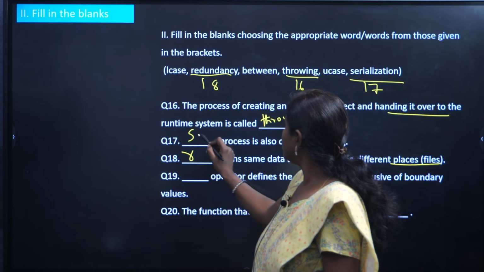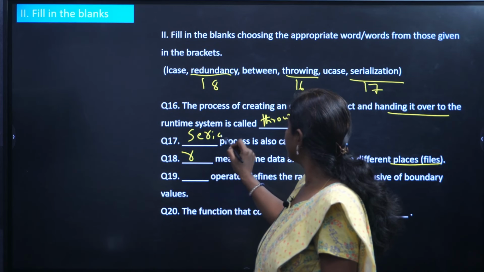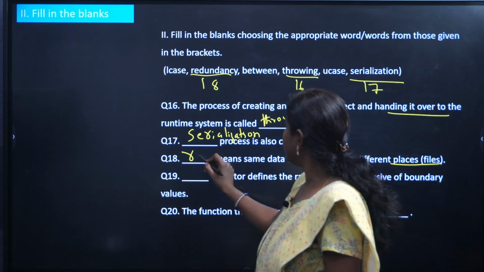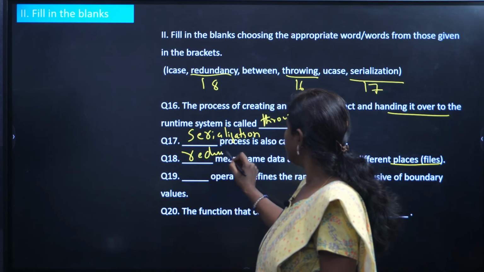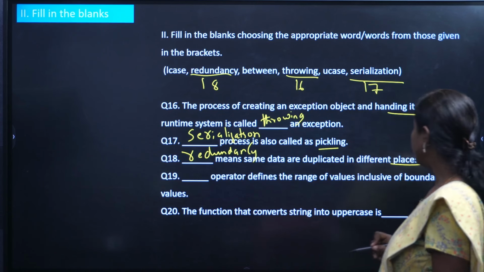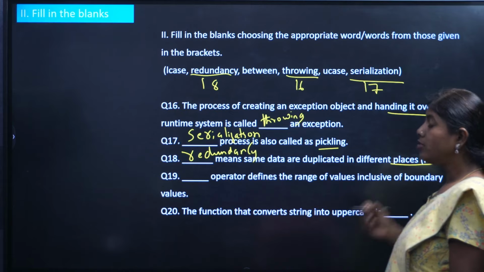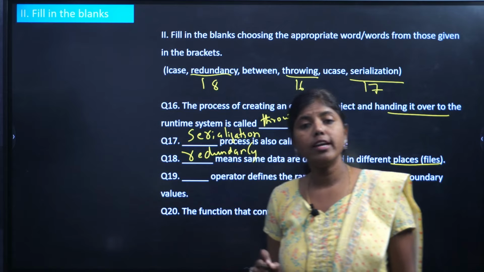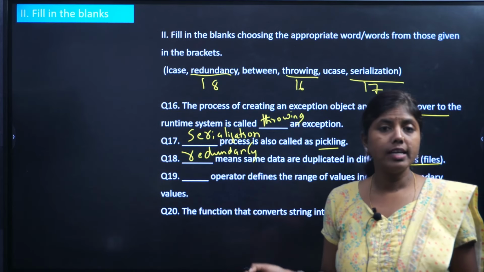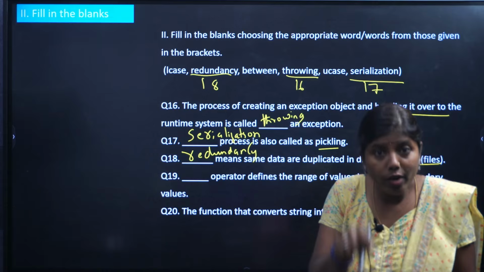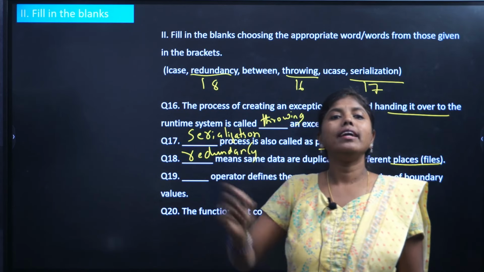Serialization. Redundancy. Dash operator defines the range of values inclusive of boundary values. For example, I just want to know which employees got salary between 40,000 and 80,000, including 40,000 and including 80,000.